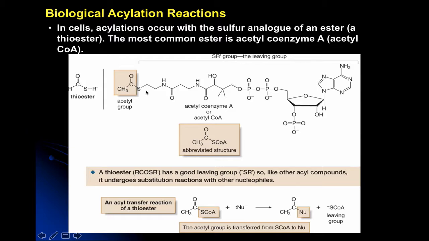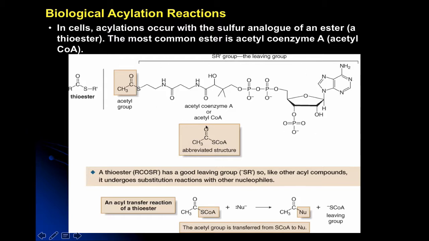And really this whole part here makes what's known as a thioester, which is very reactive. Kind of like an acid chloride, but not as reactive as an acid chloride. And so if you look at this, this is really nothing more than a leaving group.